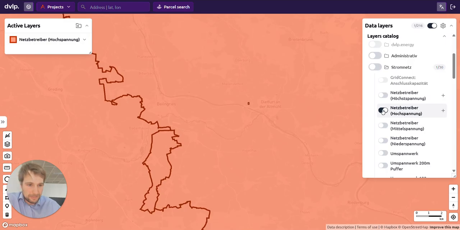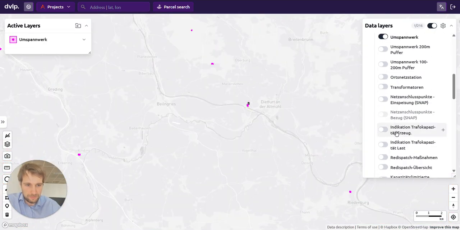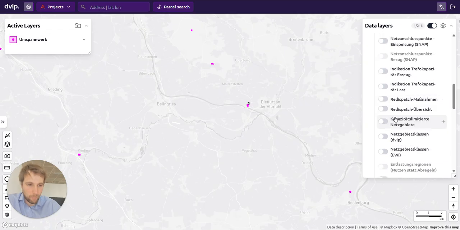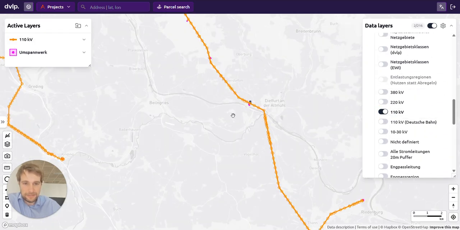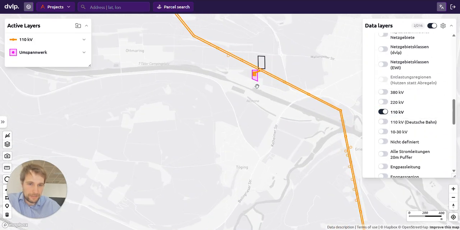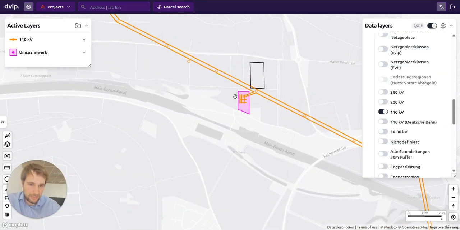Now let's have a look at the local infrastructure, and we're starting with just inspecting where the infrastructure is actually located. The high voltage line is basically immediately next to our project site, and we have a substation here that we can inspect in a second.